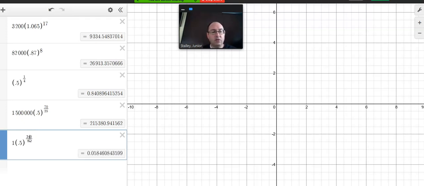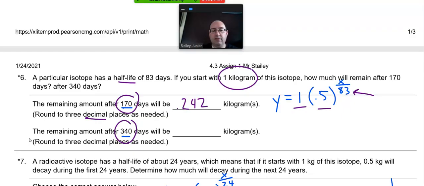So 0.058. So we doubled the number of days, and now we're all the way down to less than a tenth of a kilogram.